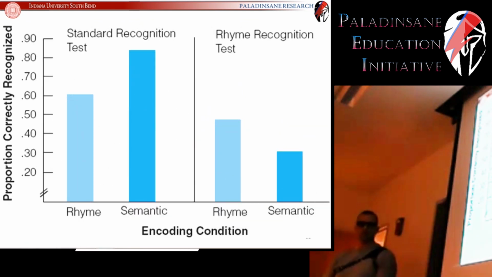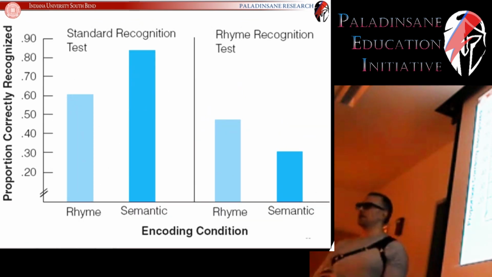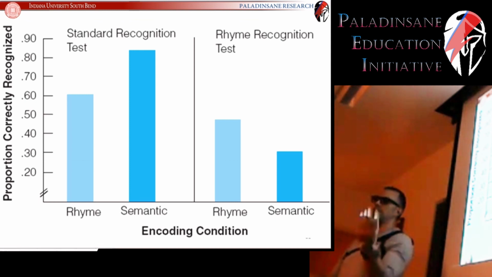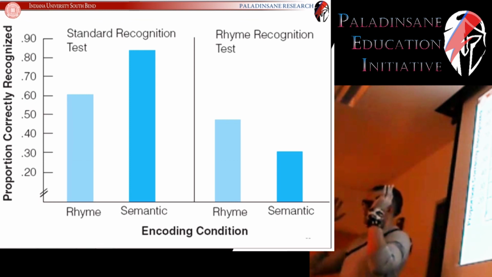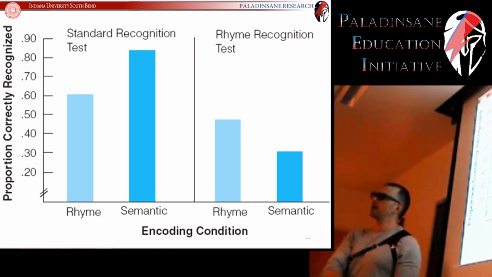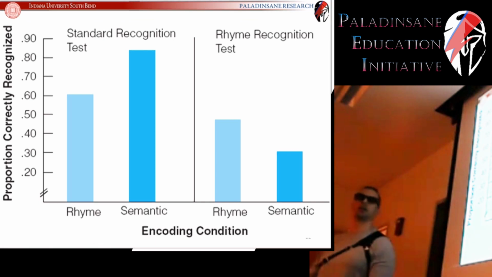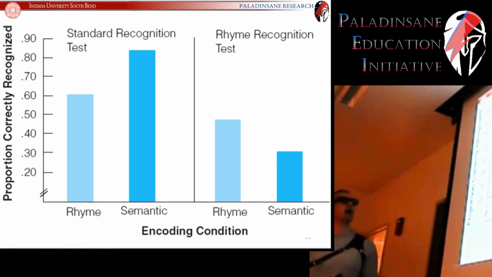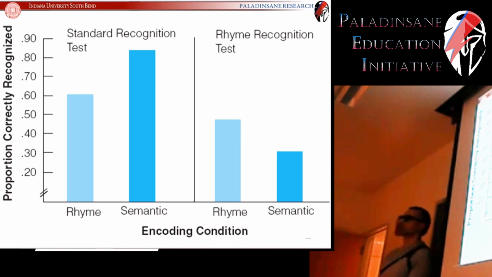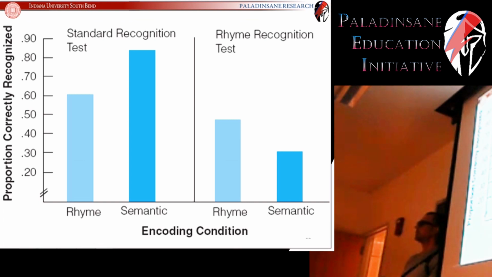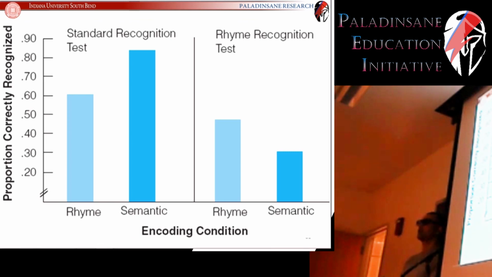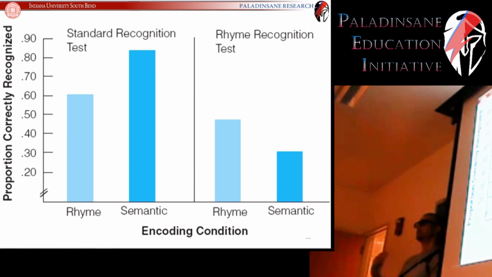What we want to know is whether, in general, regardless of how you're tested, it is better to encode in one way or better to encode in another way. So who here wants to tackle that? Is there a main effect in general across this experiment? Ignoring the way that people were tested, is it better for subjects to have encoded in one way, or in another way? Or is there almost no difference?